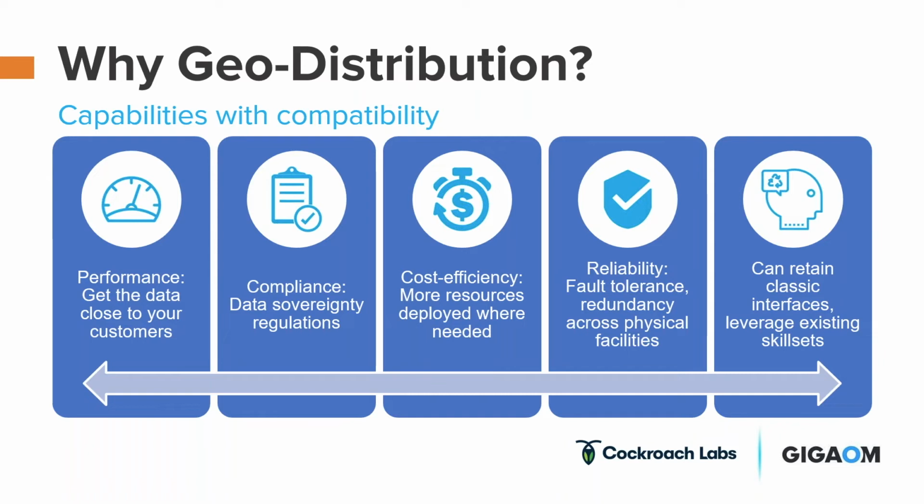I can't beat the speed of light. But I could distribute the data so that it actually lives in the right place, yet it's globally consistent. That's what having a distributed, geo-distributed database allows you to do.